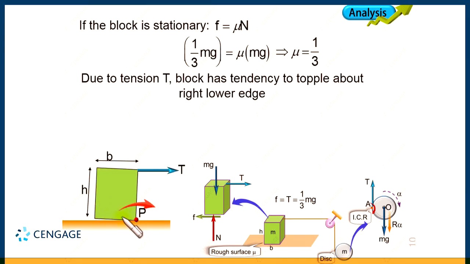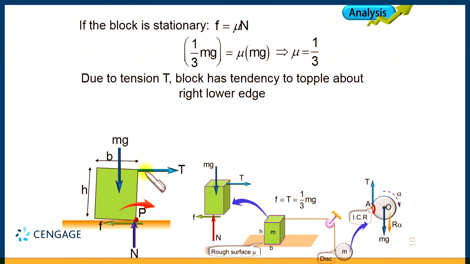The base will leave the ground, you can observe, and it will just lift and start rotating about this. That means the normal reaction will pass through this point, mg will act through the center of mass, and the normal reaction as we discussed from here, and the friction force, that is of a static nature, will act in the backward direction, right? And the toppling tendency, as we discussed, because of this couple is in the clockwise sense like this.